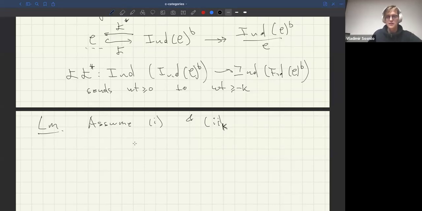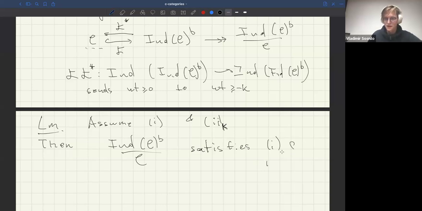Then Ind of C bounded mod C satisfies 1 and 2 with K minus 1.